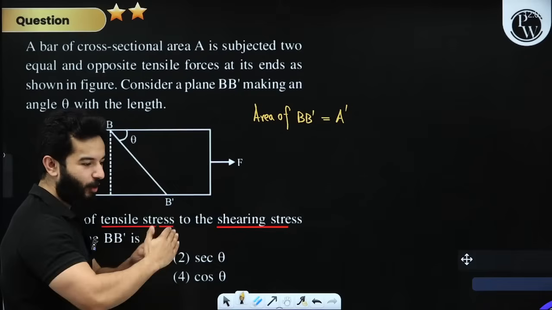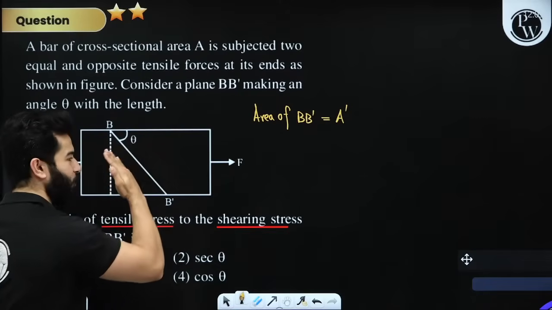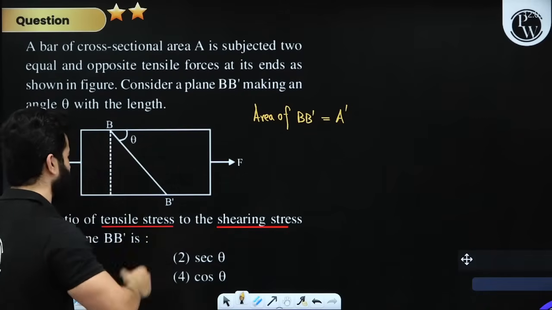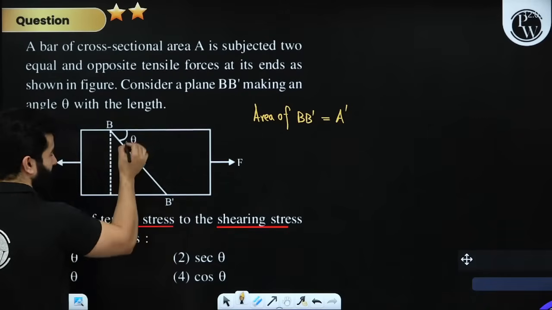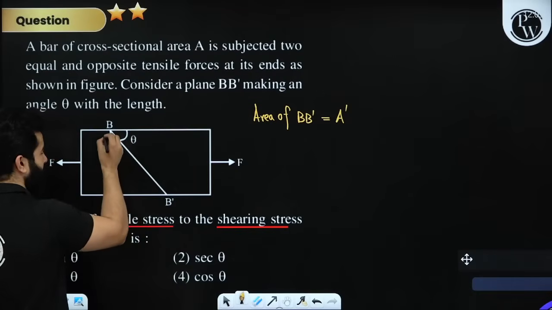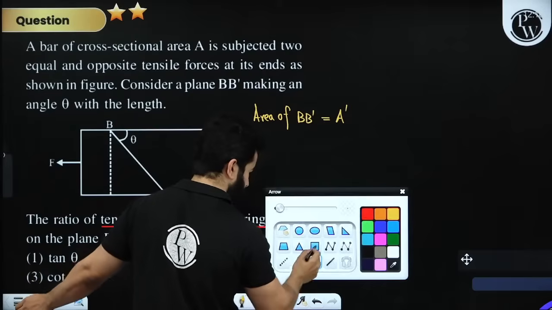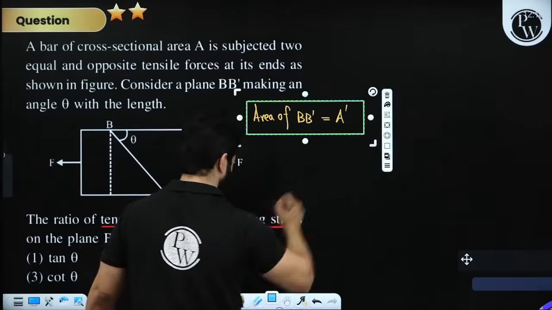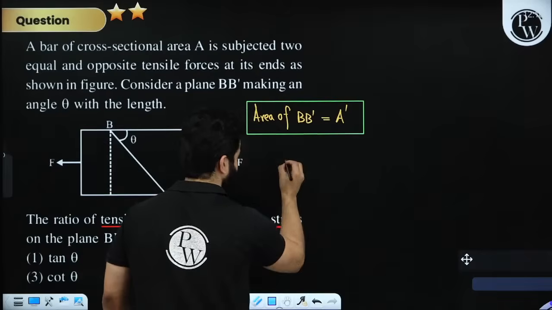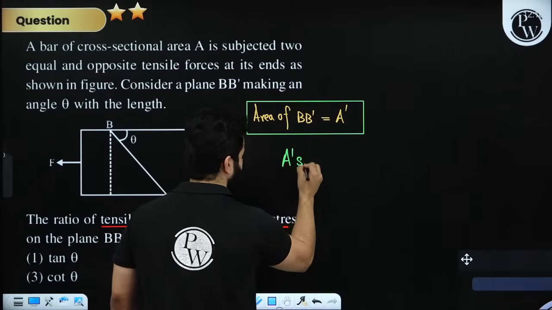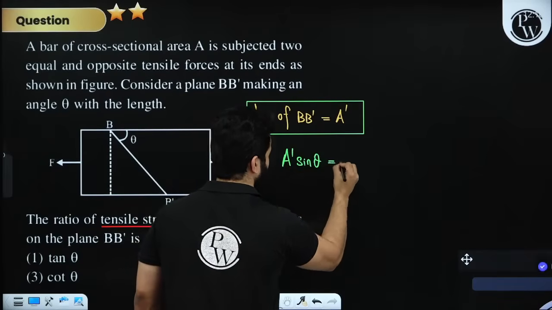And if you have any doubt, this might be looking something like this, right? So if this is theta, pay attention, my dear friends, we can also write down that A dash sine theta will be equal to A.